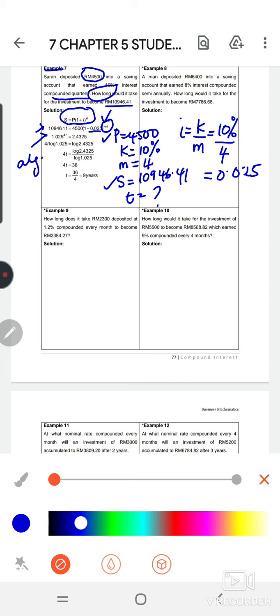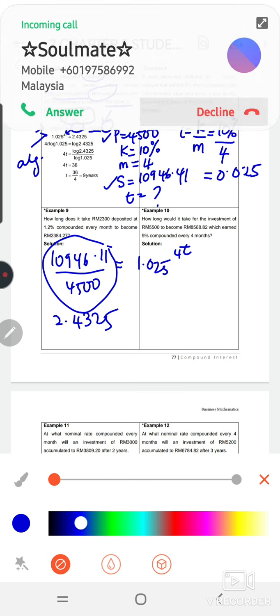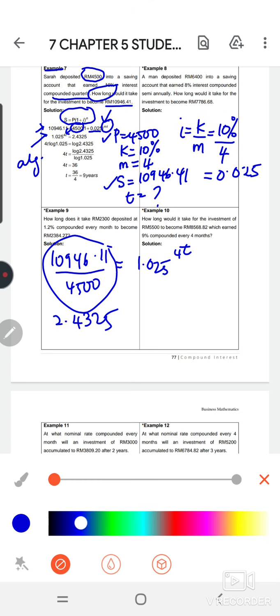Cara nak pindahkan nilai mula-mula 4,500 ni pindah sebelah sini. 10946.41 bahagi dengan 4500 sama dengan 1.025^4T. So solve yang ni dia akan dapat 2.4325.